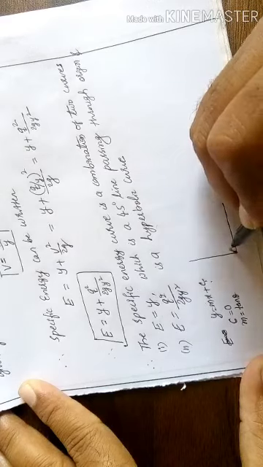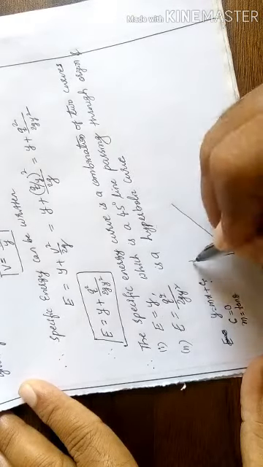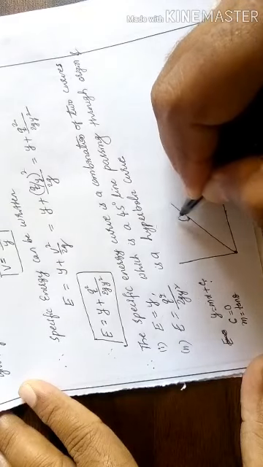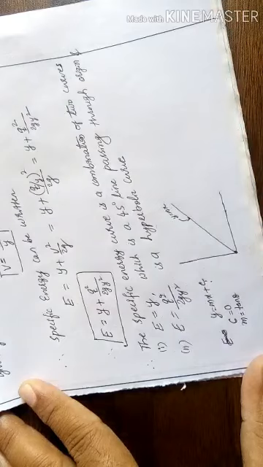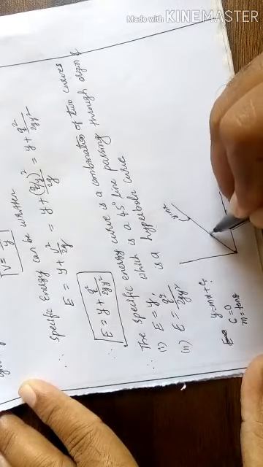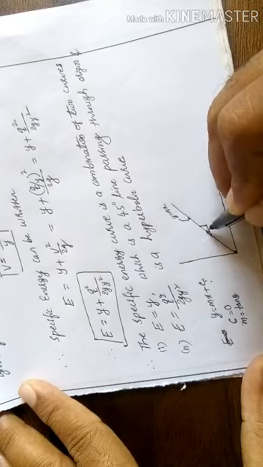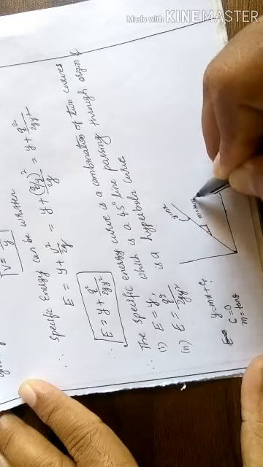When you draw a straight line, this represents y equal to mx. Wherever you take the slope, if this angle is theta, then m represents tan theta.